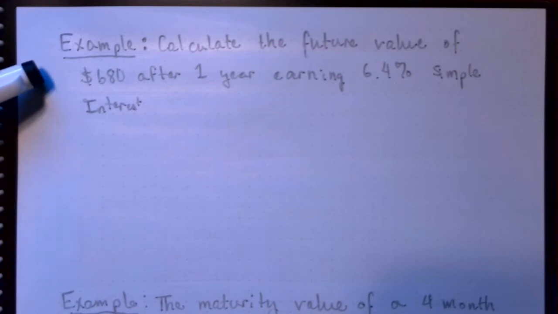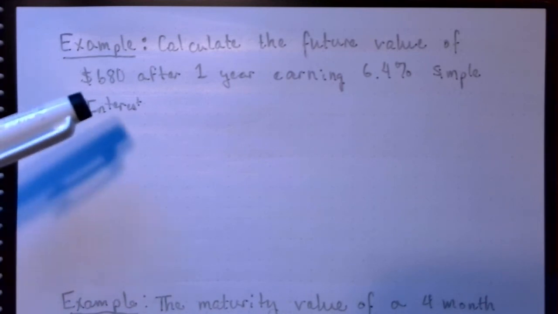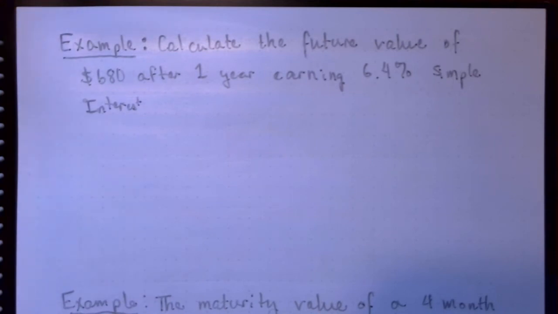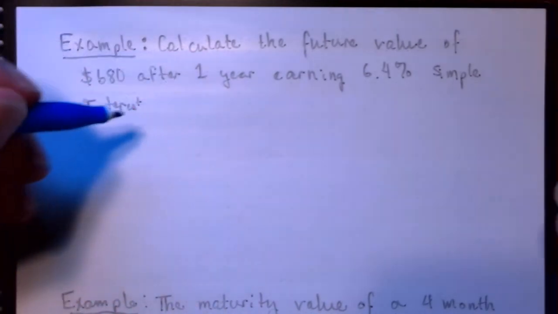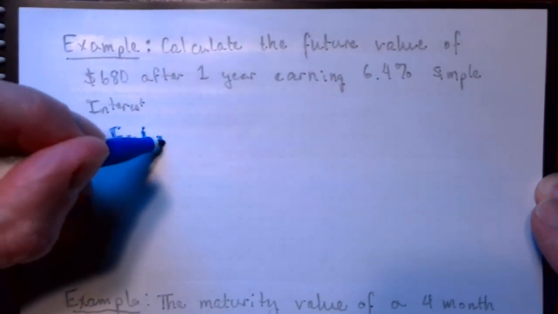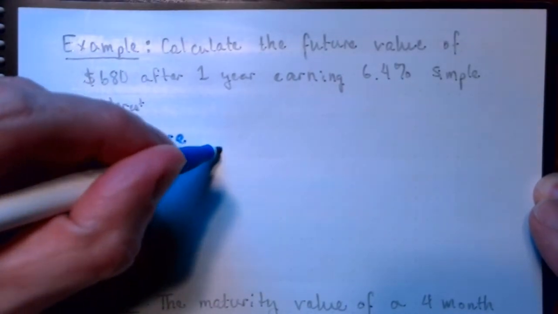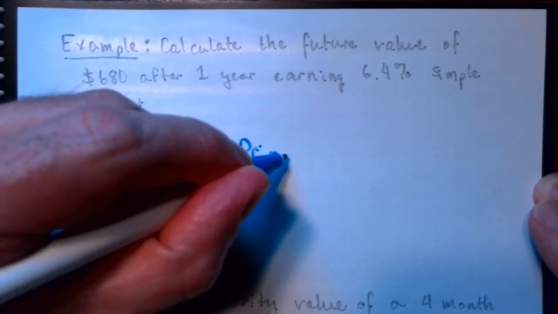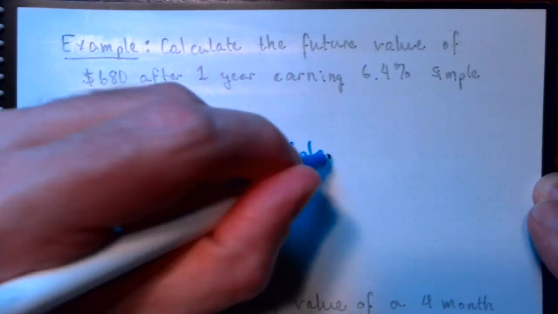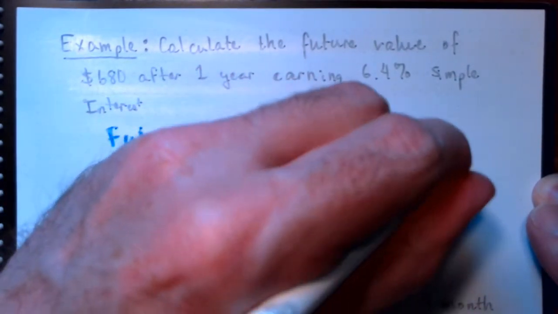Okay, so this first example asks us to calculate the future value of $680 after 1 year earning 6.4% simple interest. So something to note here is that the future value is equal to the principal plus the interest.